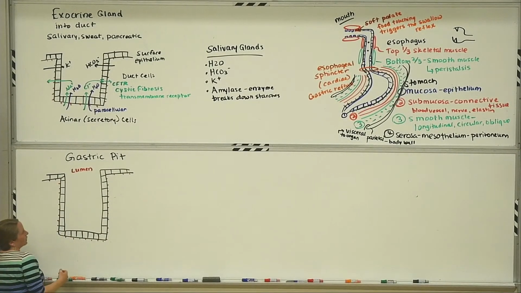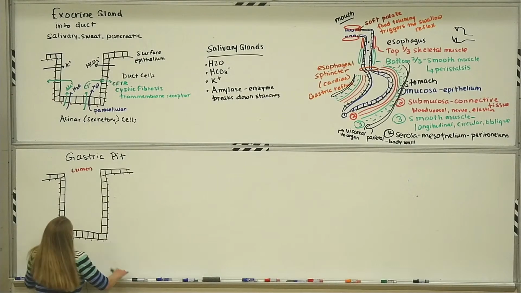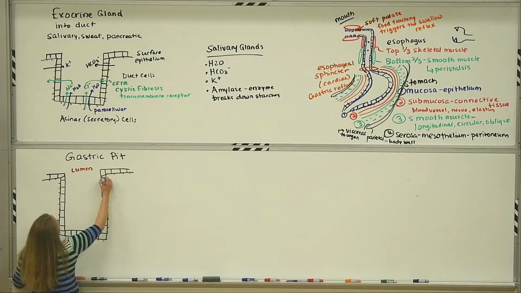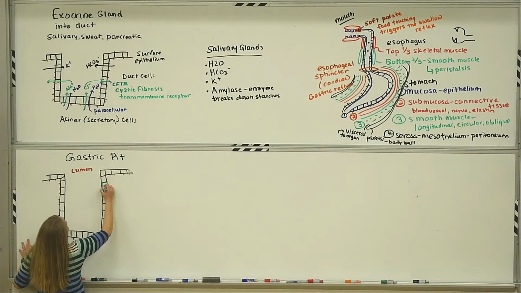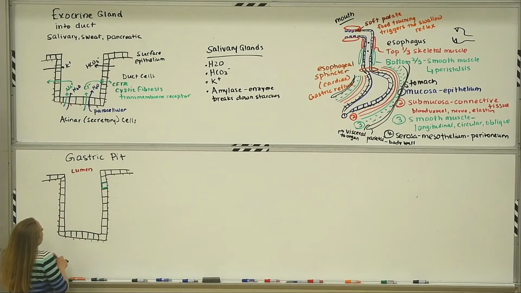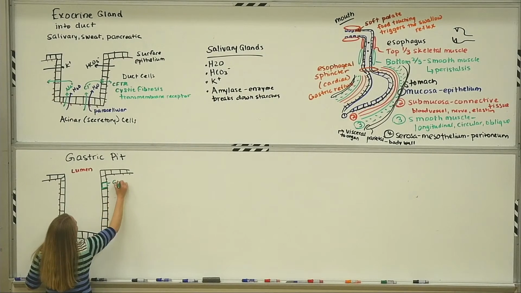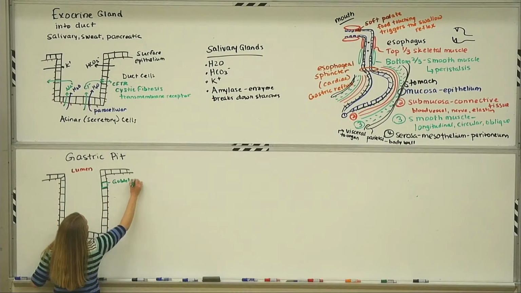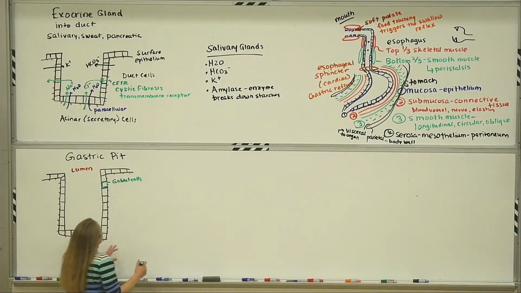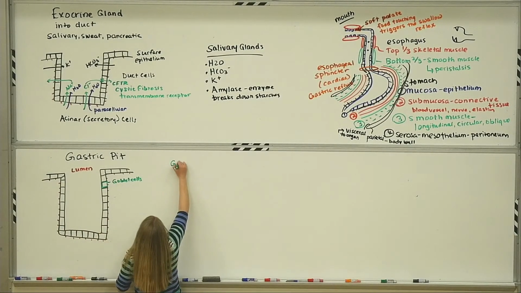Okay, so we want to start first with goblet cells. These are going to be towards the top of your gastric pit. And these goblet cells are the ones that are making your mucus.